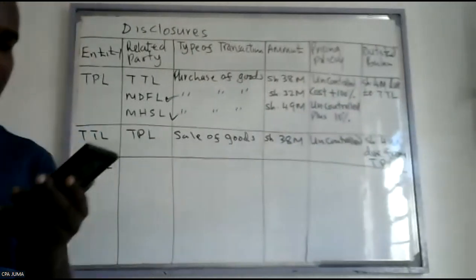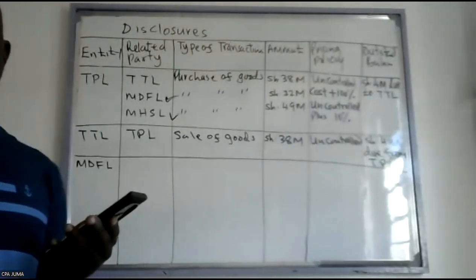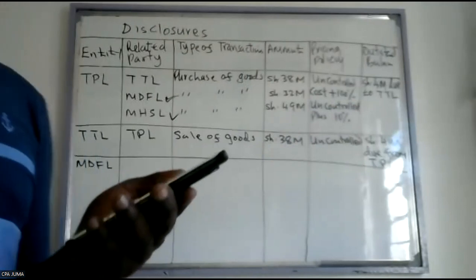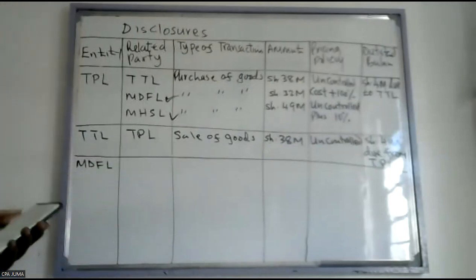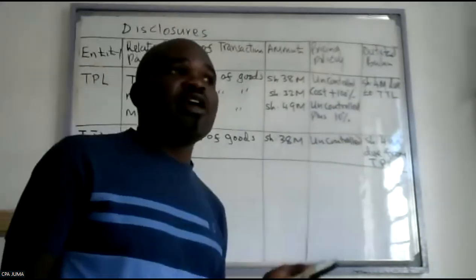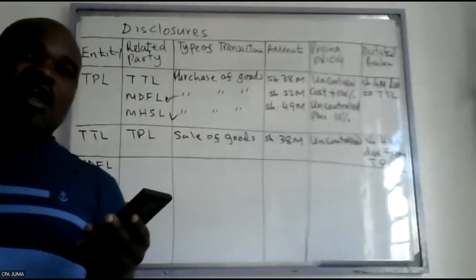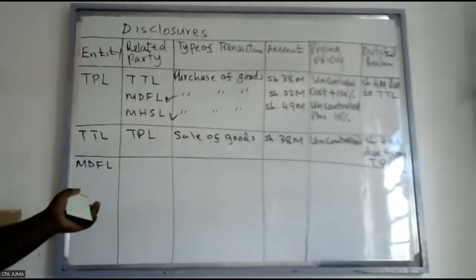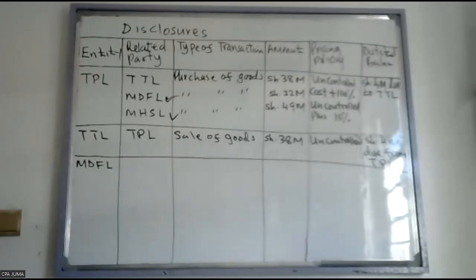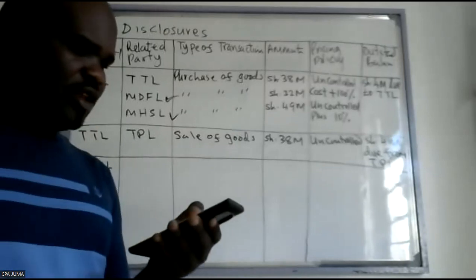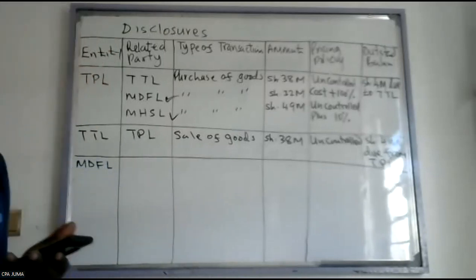That was a mistake. It's supposed to be MDFL, not MDFD. With that, tell me the entities MDFL transacted with so that we can give a disclosure very fast.